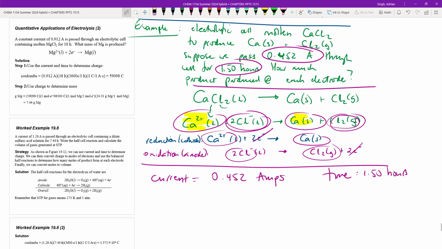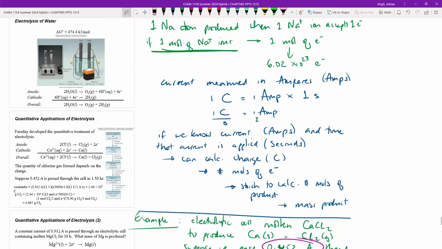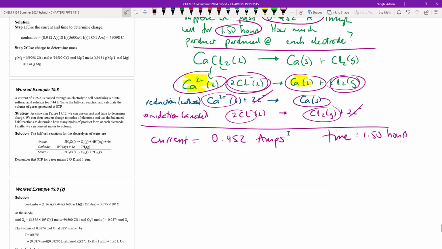If you remember what we said amps were at the beginning, an amp is the same as coulombs per second. So we start off with 0.452 amps, which is 0.452 coulombs per second, since 1 amp is 1 coulomb per second.